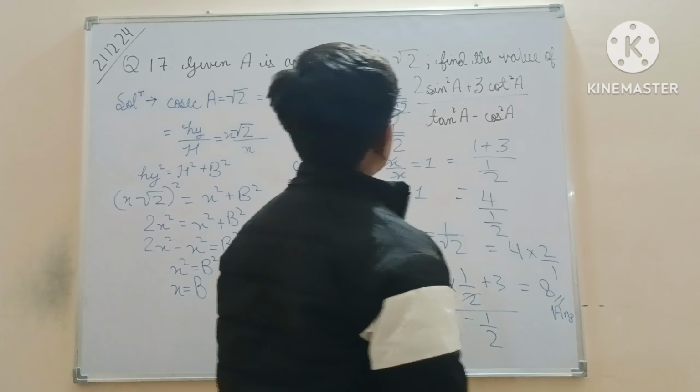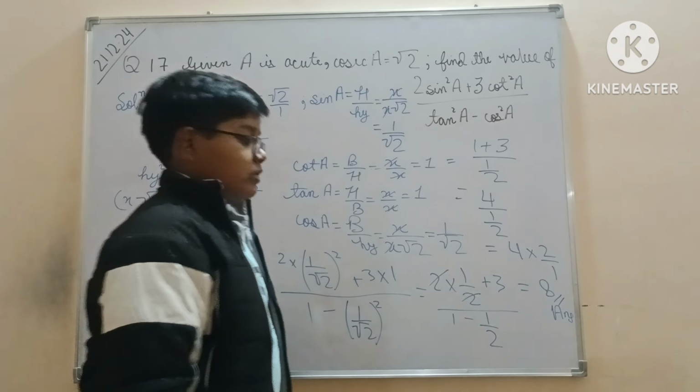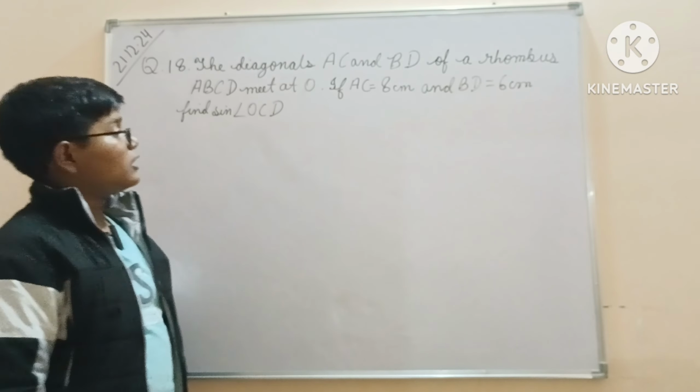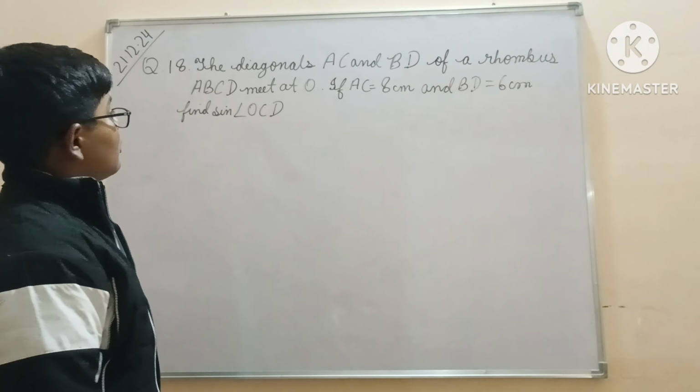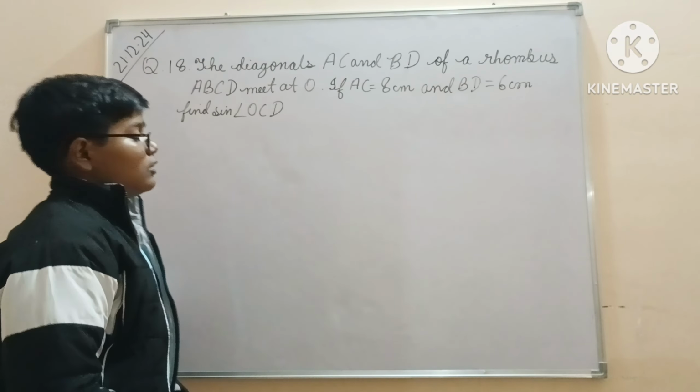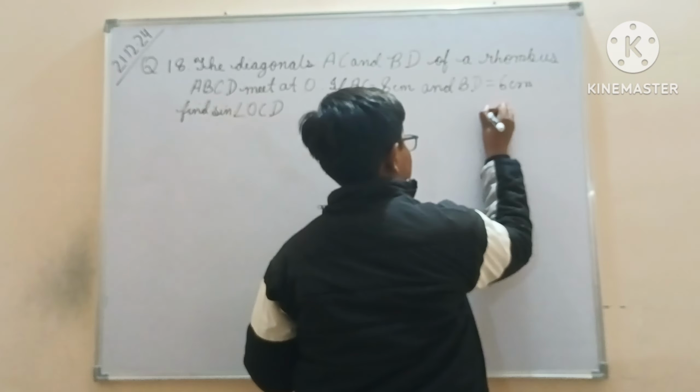Now we are moving to our next question. It states that the diagonals AC and BD of a rhombus ABCD meet at O. So we will first make a rhombus.